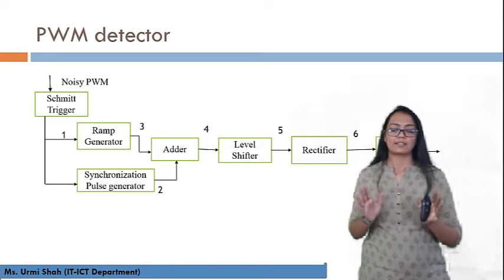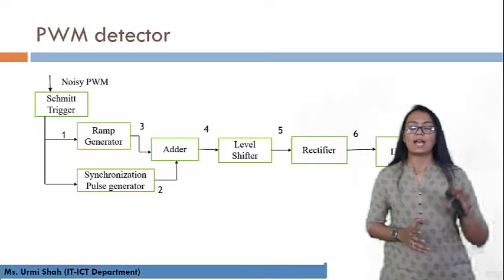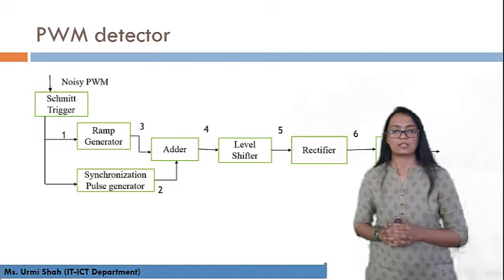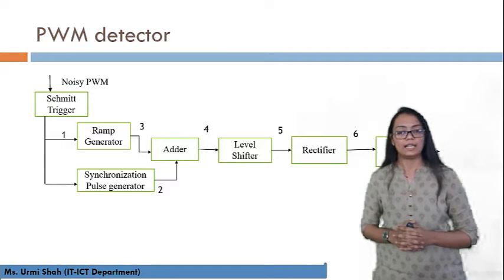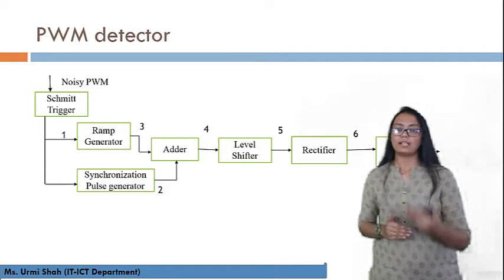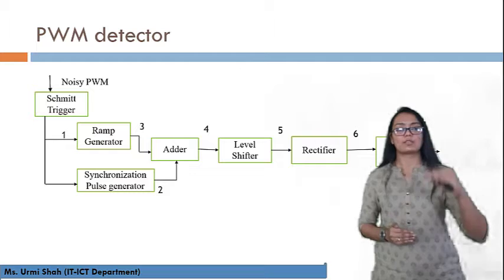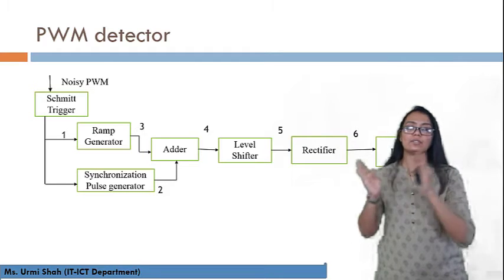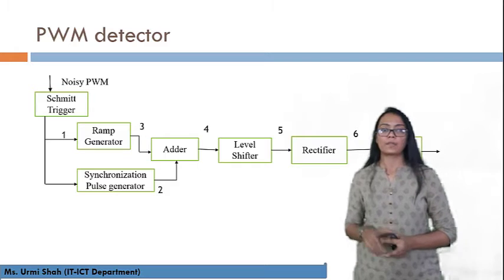circuitry. Adder circuitry will act as the summing of ramp generation and synchronization pulse generator, and then it will process it to the level shifter. What will level shifter do? Level shifter will do the shifting of appropriate levels of the pulses, and then it will further process it to the rectifier circuit.